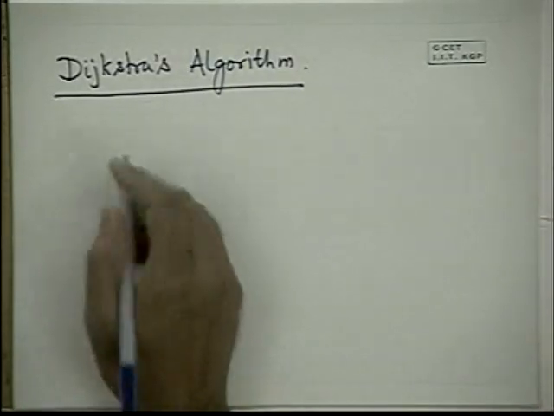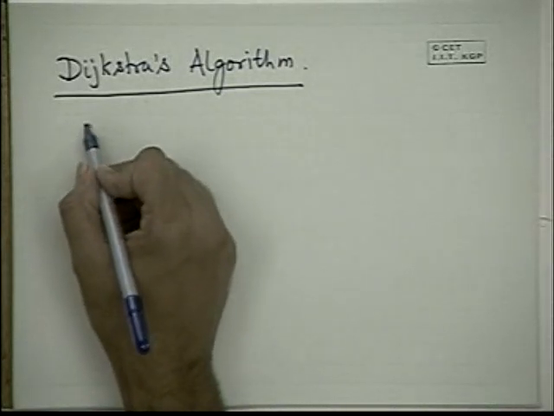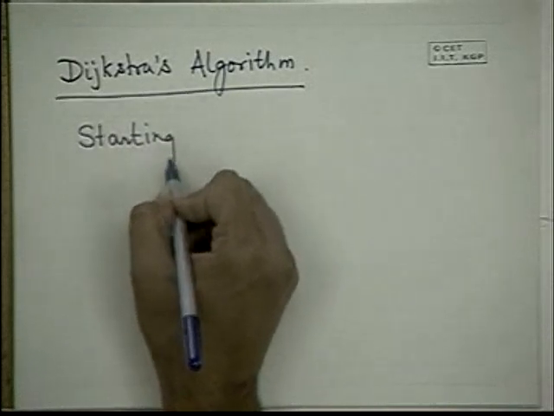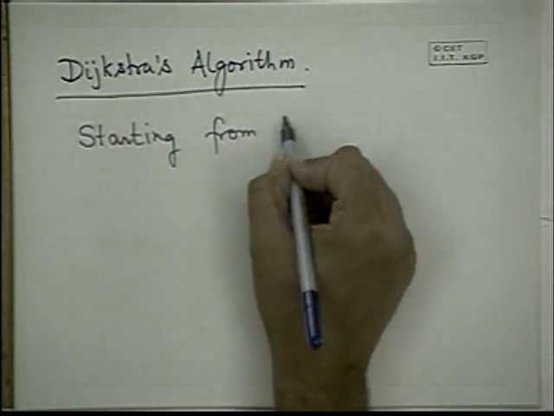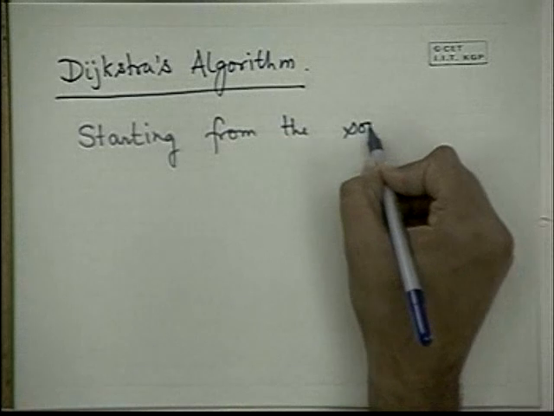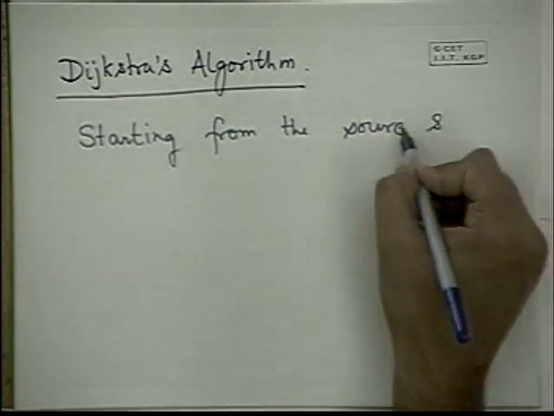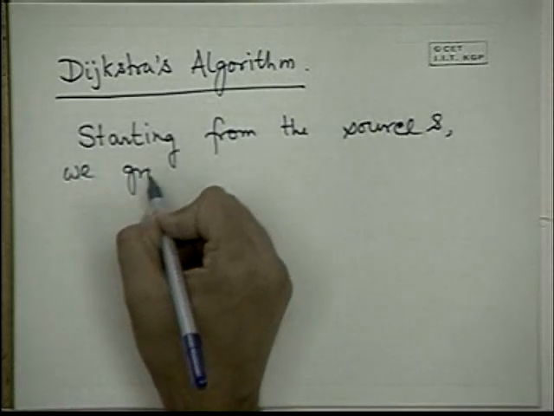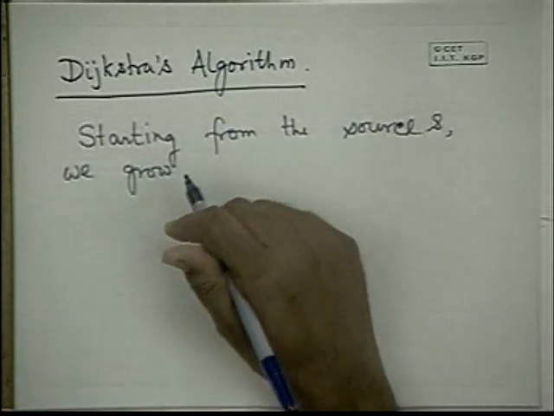The method is this: starting from the source vertex S, we grow the shortest path tree, just like in Prim's algorithm.